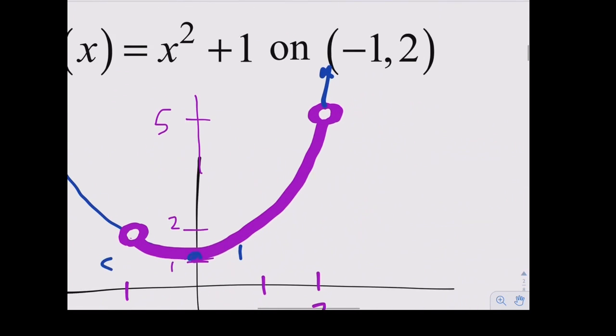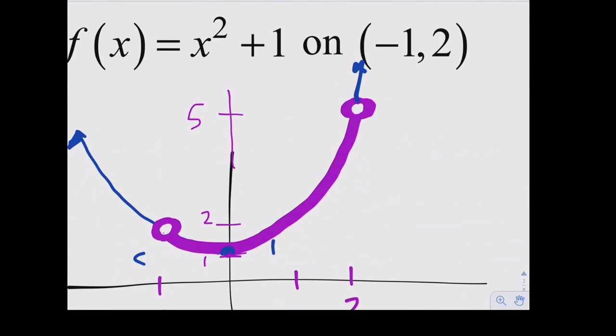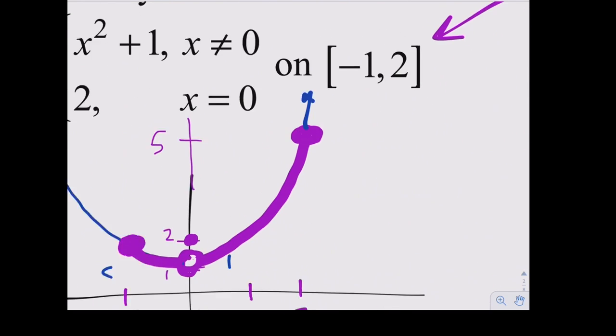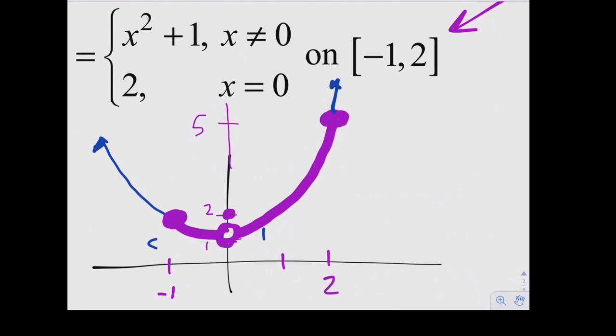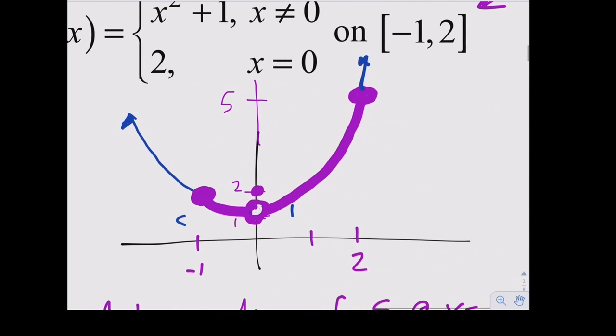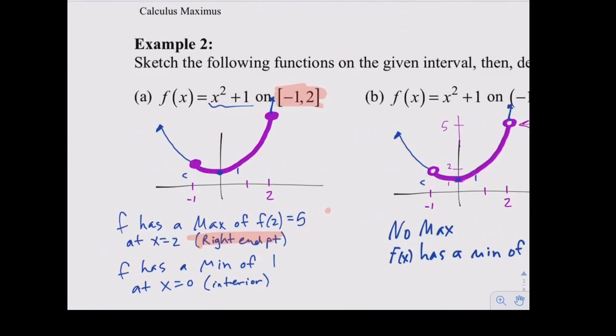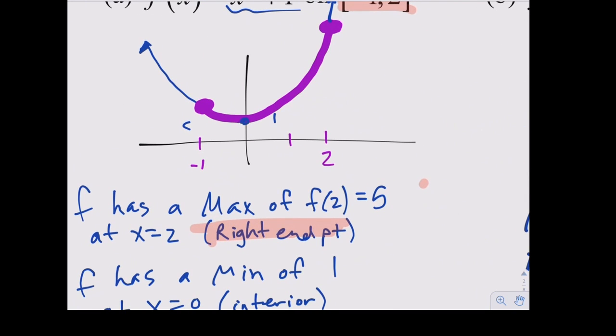Because as I saw over here, if I don't have a closed interval, I'm taking away an endpoint, which could possibly be a max or a min, right? But it's more than just having a closed interval, because as I saw here, which was a closed interval, I didn't have a min. So what was the difference between this closed interval, where I didn't have them in, and on part A, where it was a closed interval and I did? What's the difference?